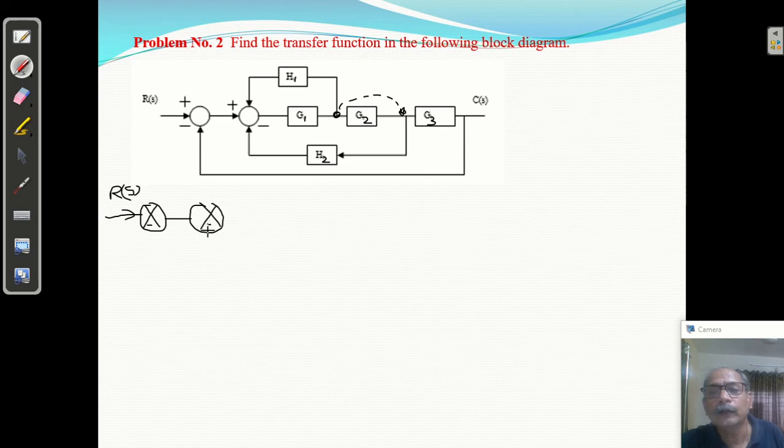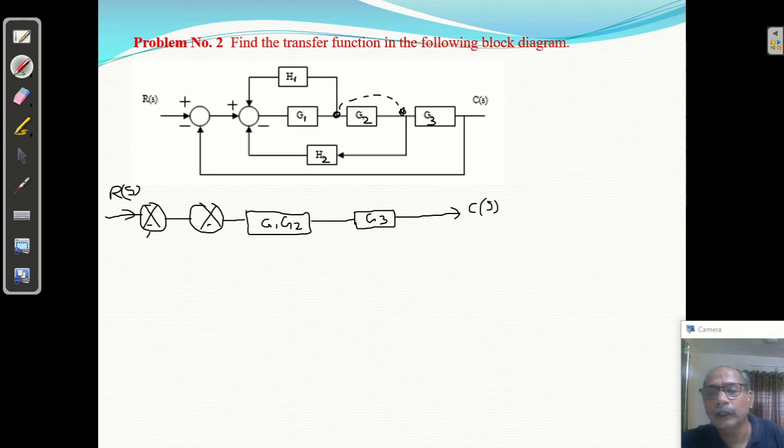Again it is a negative feedback. Okay, if you are going to shift this takeoff point to here, these two will come in cascade G1, G2. Okay, and here it is G3. This is C of S.